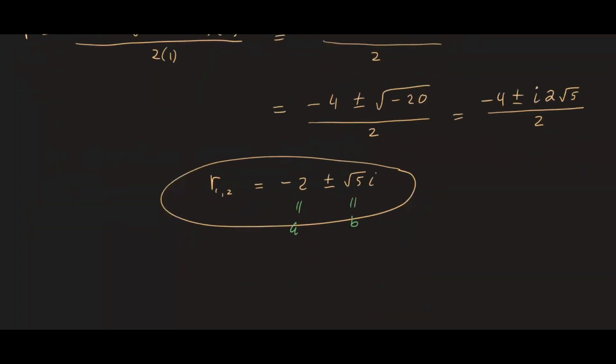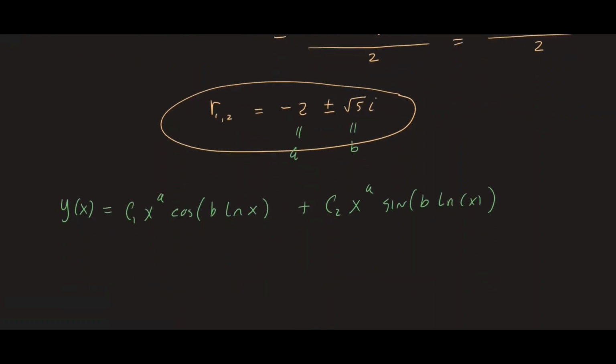So our solution, we know it's going to be y of x is equal to c1 x to the A cosine of B ln of x plus c2 x to the A sine of B ln of x. And then let's just plug in A and B into the solution form.